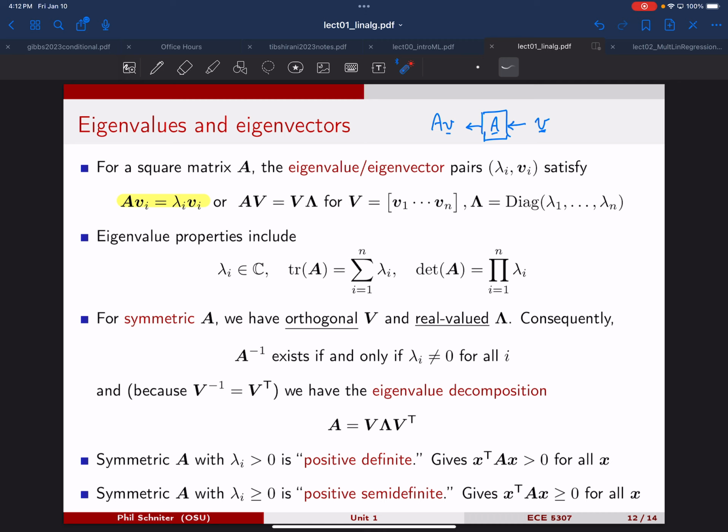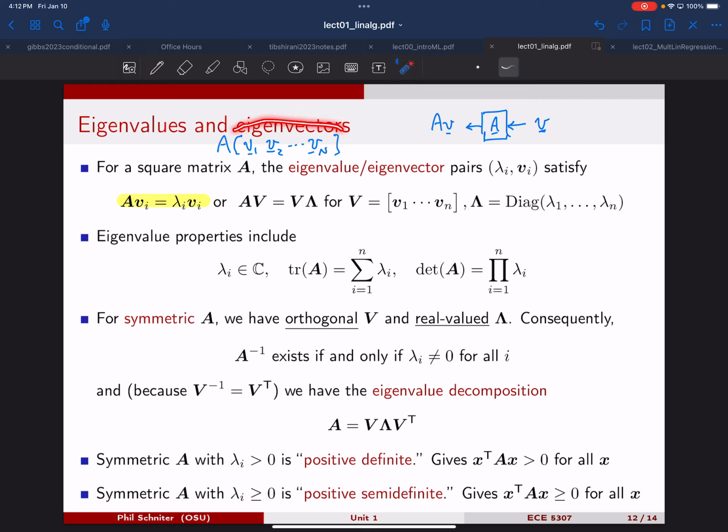This would be the equation we would use if we're thinking about a single eigenvector v_i. But you could also imagine extending this equation by stacking v1 and then v2 and so on, stacking all these different eigenvectors together.